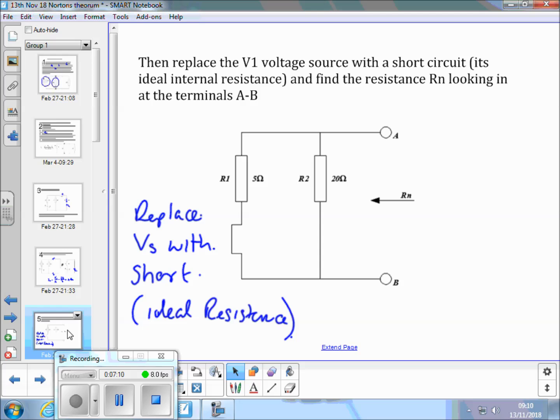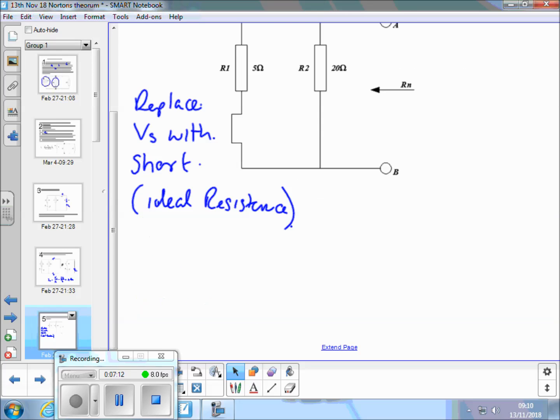So now how do we calculate that Rn looking back in that terminal?